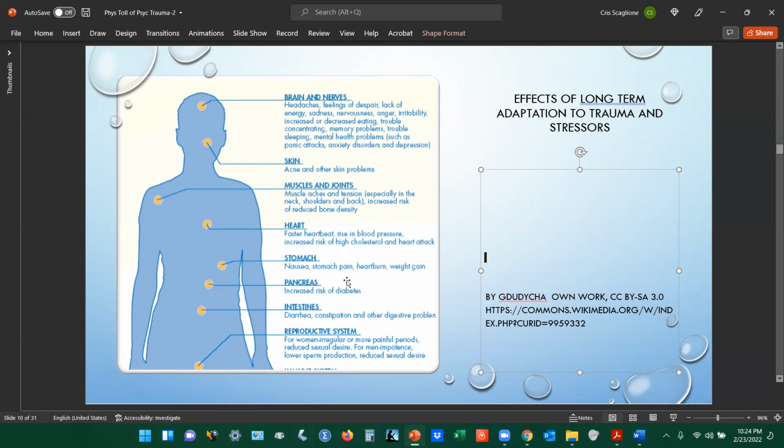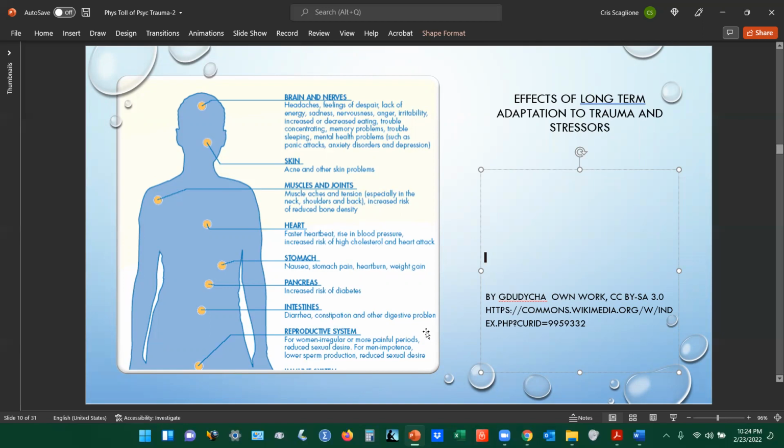It most definitely affects our digestive tract, our stomach, our intestines, and our pancreas. In fact, high levels of stress and trauma are actually known to be a factor in diabetes. It also affects our reproductive system. Certainly, it is possible to have our women's menstrual cycle affected, as well as in men, lower sperm production, as well as reduced sexual desire for both men and women.